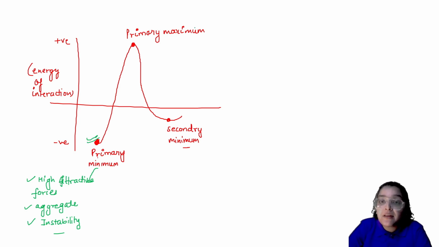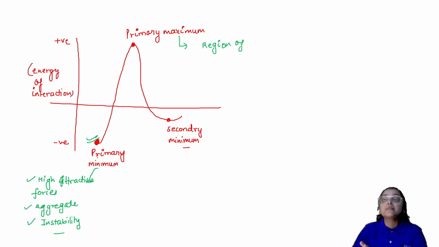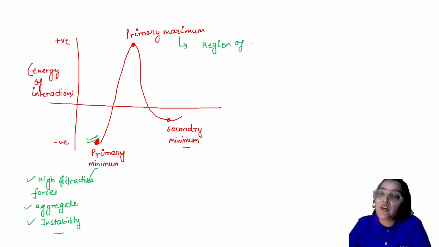The primary maximum, on the other hand, indicates the region of high repulsion, because for stability reasons, we have seen that with the attractive forces the instability comes because aggregates are formed. So we need more of the repulsive forces to attain the stability conditions of the colloidal particles.